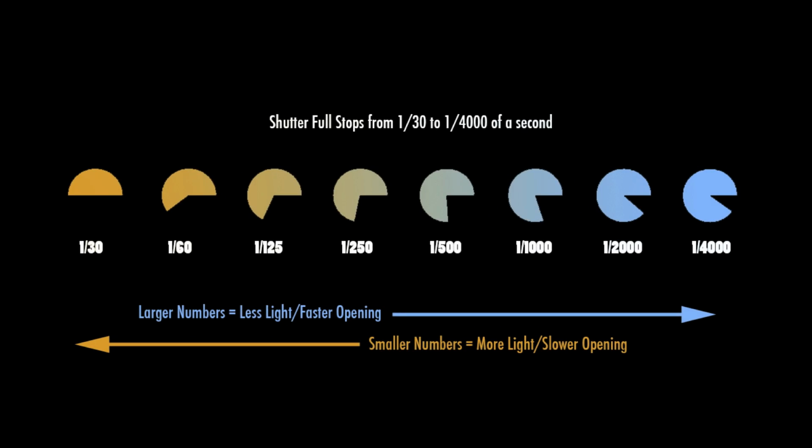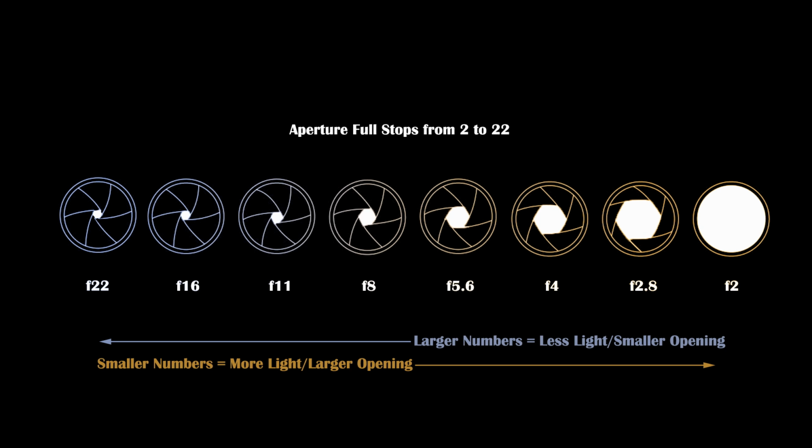Well, similarly, you also have a scale that determines how shutter is going to affect the amount of light that hits your focal plane. And here we've got a chart that reads from 1/30th of a second all the way to 1/4000th of a second. These represent full stops in much the same way as the full stops on the aperture that I just showed you a moment ago.